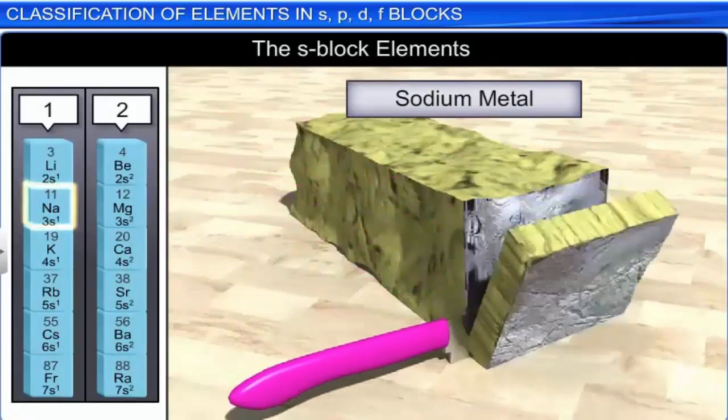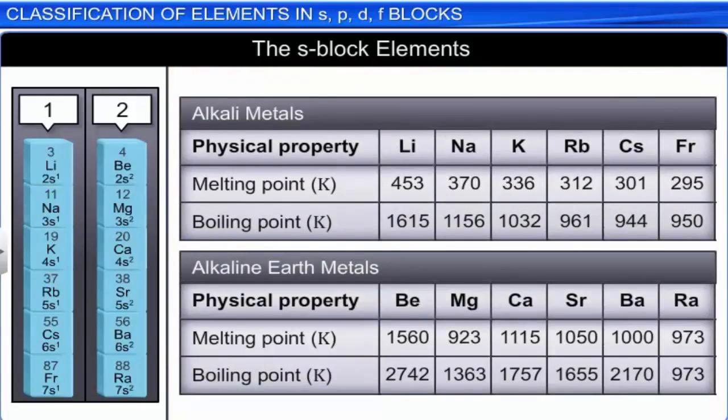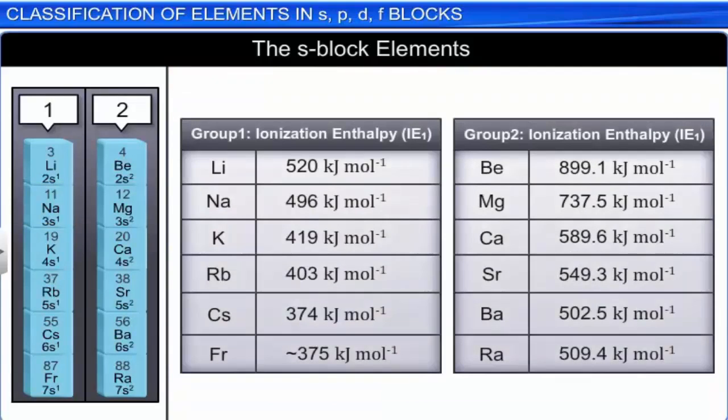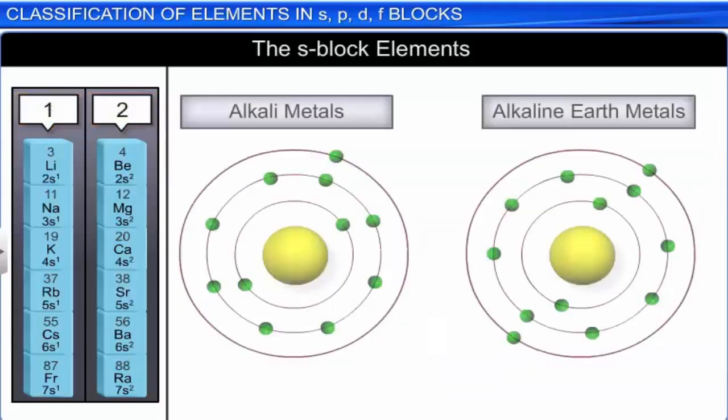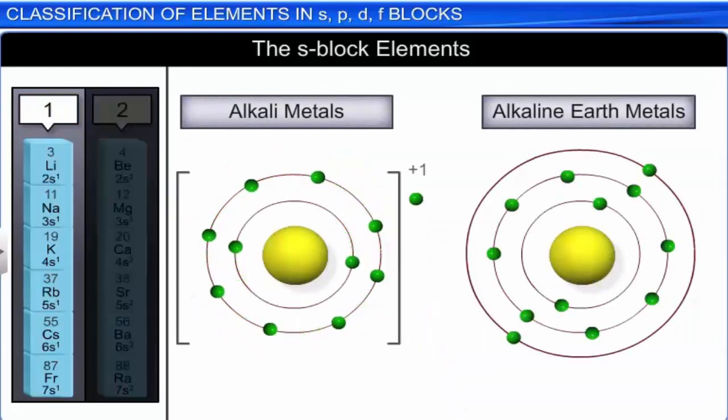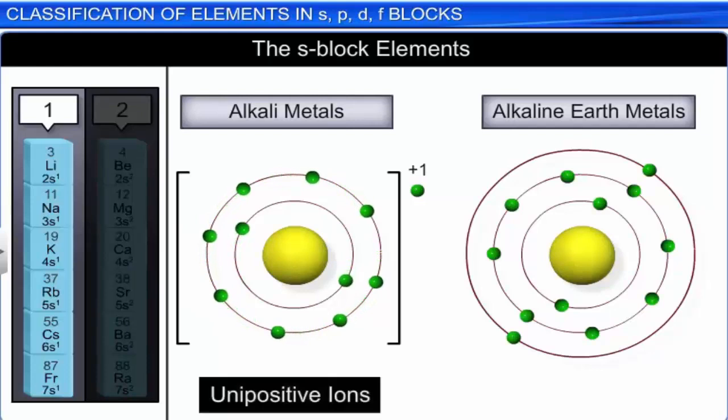With the valence shell electronic configuration of ns1 and ns2 respectively, these elements have extremely low ionization enthalpies. That is, they easily lose their outermost electrons to form unipositive ions in the case of alkali metals, or dipositive ions in the case of alkaline earth metals.